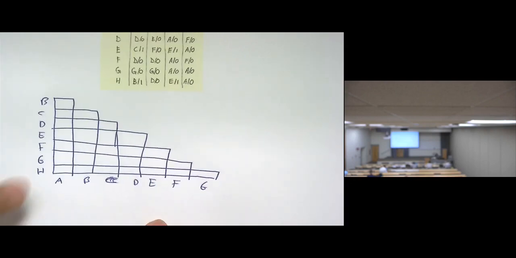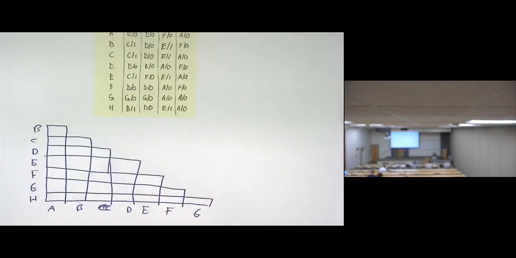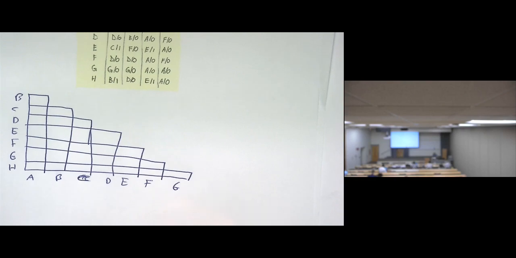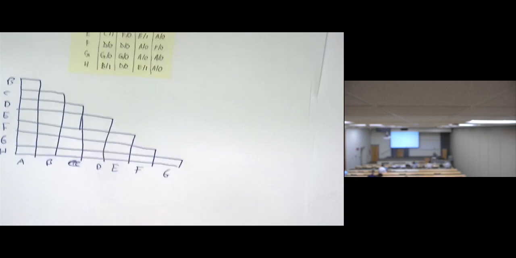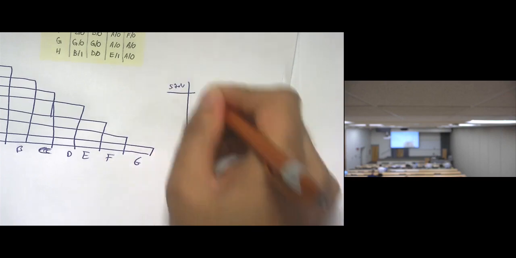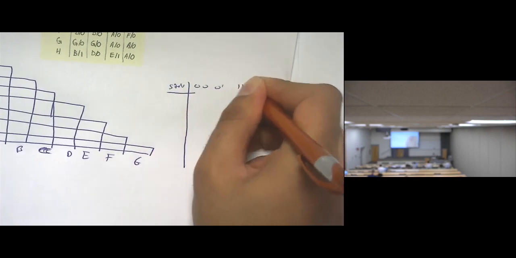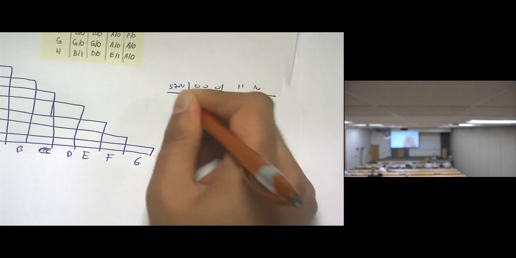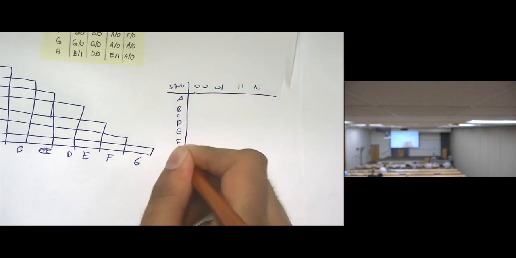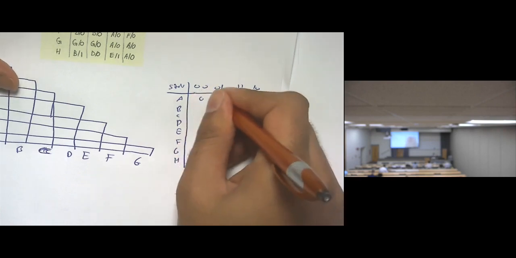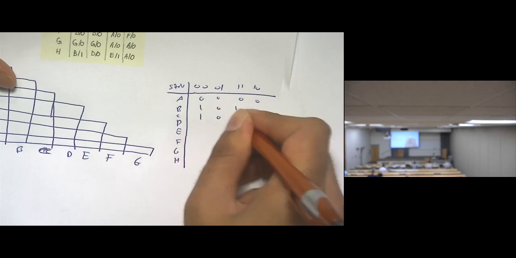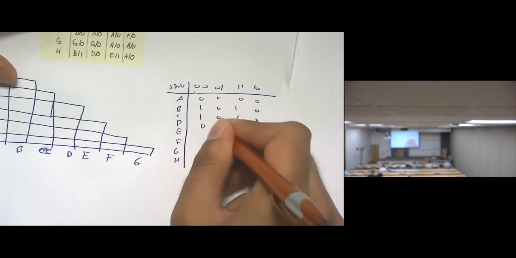Now, the best way, what I do recommend, you can look at the table, but I do recommend to separate the tables to make sure that we can compare easily. So we have here states, here are the inputs 0, 0, 0, 1, 1, 1, 1, 0. Then here is A, B, C, D, E, F, G, H. So here 0, 0, 0, 0, 1, 0, 1, 0, 1, 0, 1, 0, 0, 0, 0, 0.